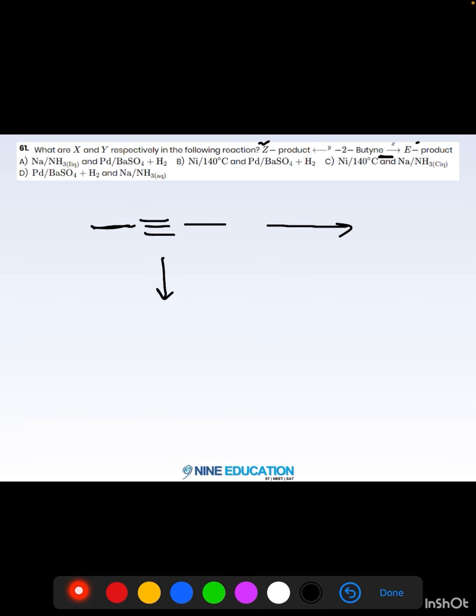So this is actually a question of controlled reduction of the alkyne. When you'll be doing it under the condition of Birch reagent, which will be Na in liquid ammonia or Li in liquid ammonia, then you will see the trans product will be resulting, meaning 2 hydrogens will be getting added in the trans manner, so the E product or the trans product will be forming.